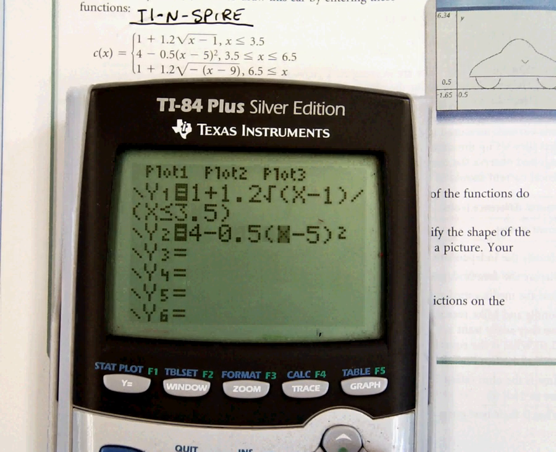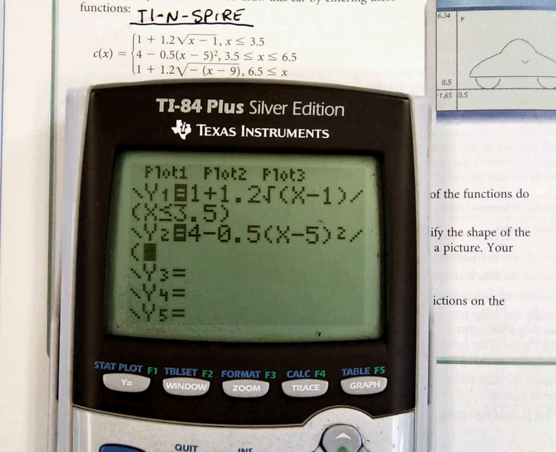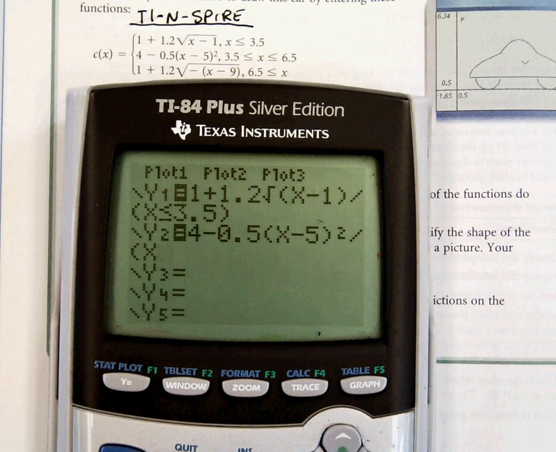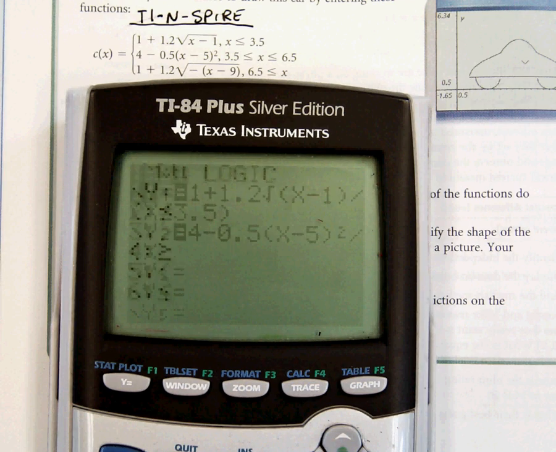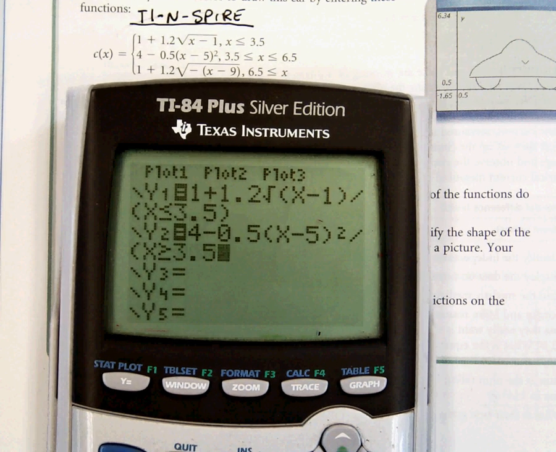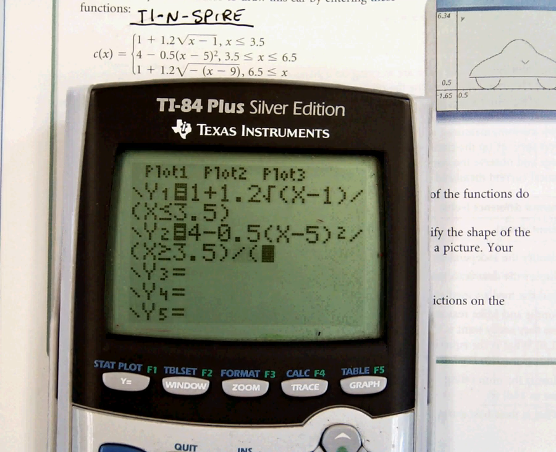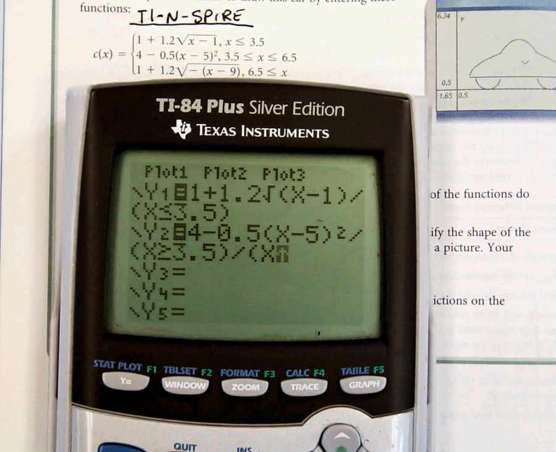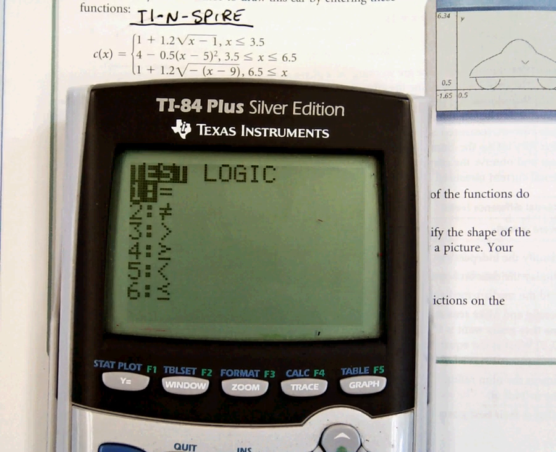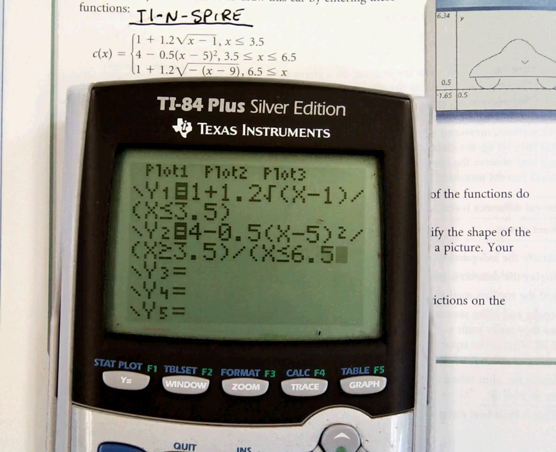Again, we're going to use the division sign, open parentheses. x is greater than or equal to 3.5, so second math, option 4, greater than or equal to 3.5, close it, put another slash, open parentheses. x is then less than or equal to, so that's under second math, option 6, 6.5, close.